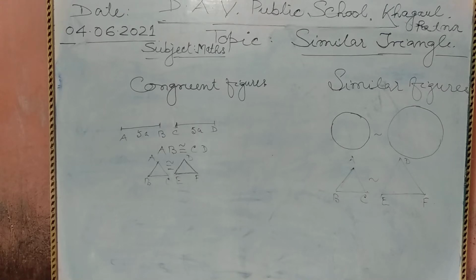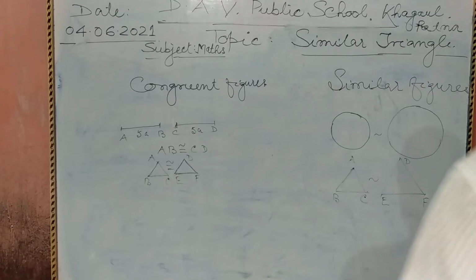Means two triangles are said to be congruent if they satisfy the following conditions. First, corresponding angles are equal, and second, corresponding sides are also equal. Okay. Now, in terms of similar triangles, we will study about similar geometrical figures.